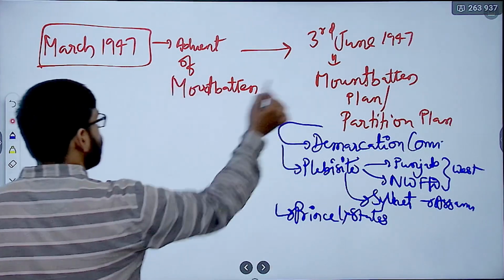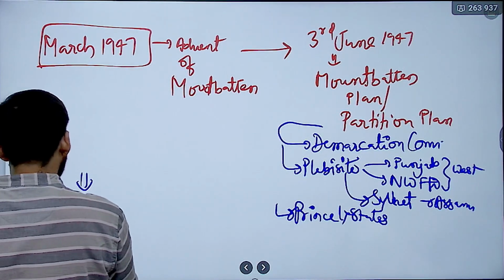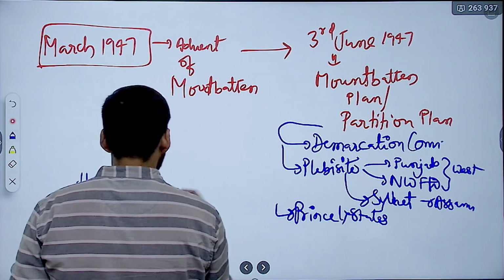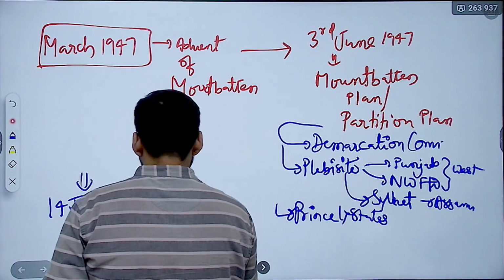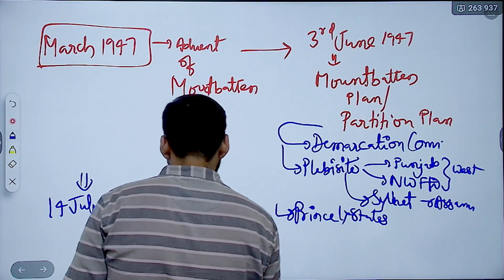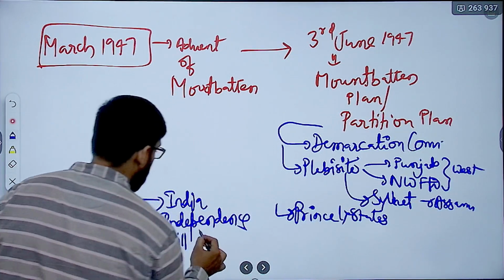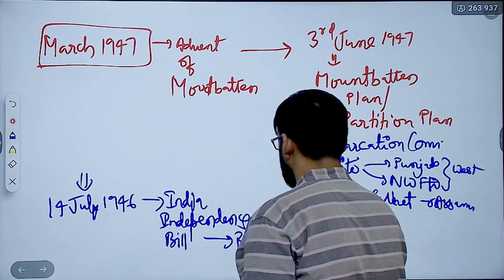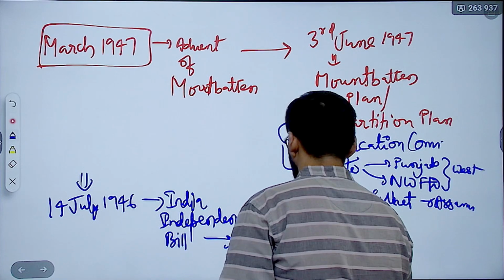So now after this plan, on 14 July 1947, based on this plan, the India Independence Bill was introduced in the British Parliament. Where was it introduced? In the British Parliament.